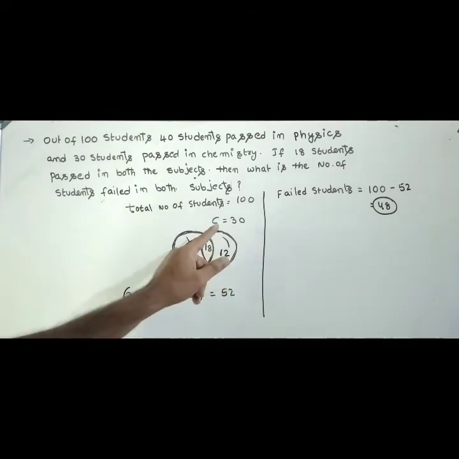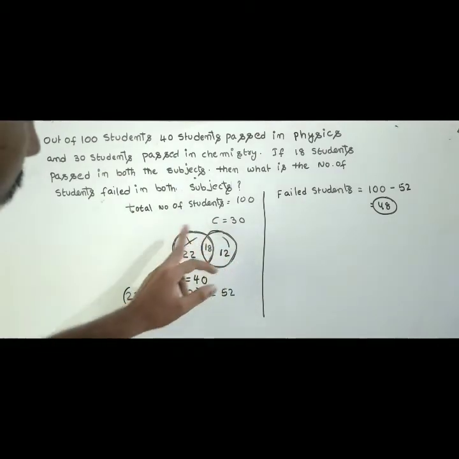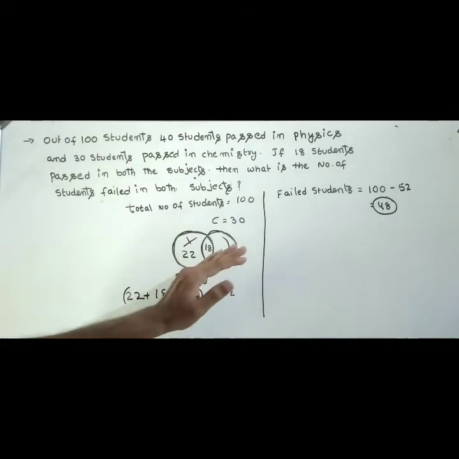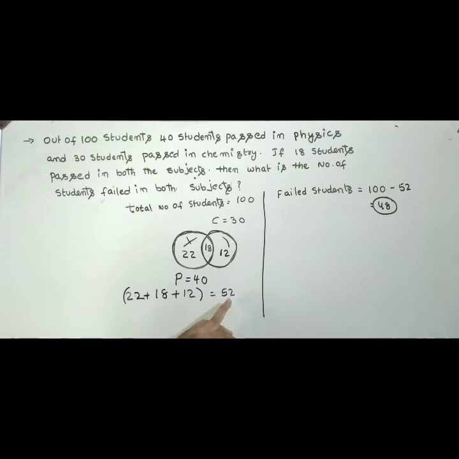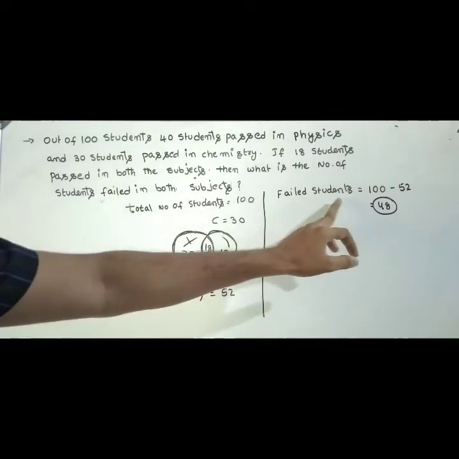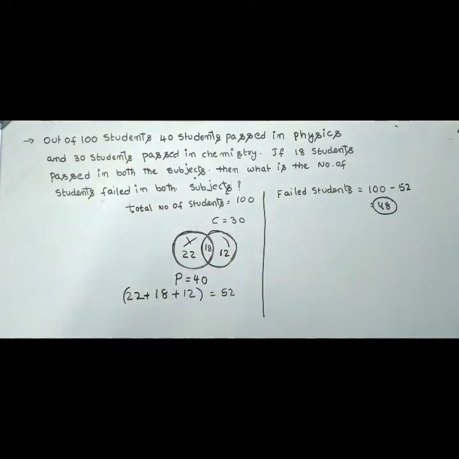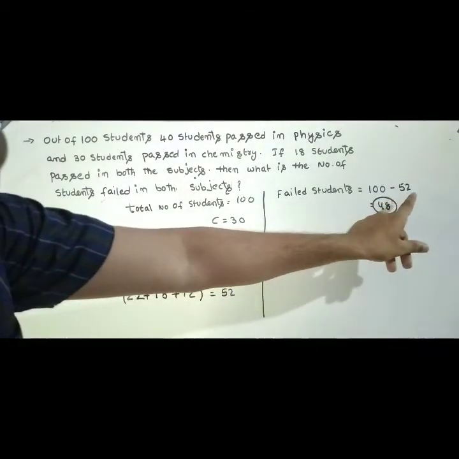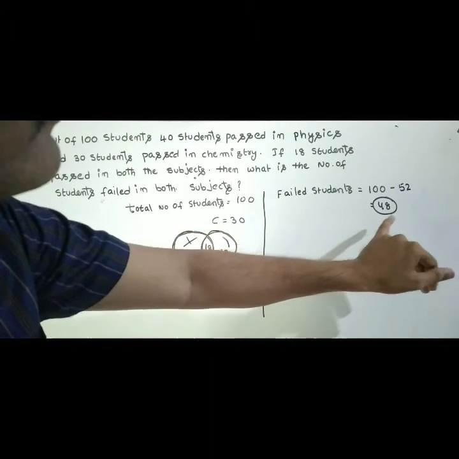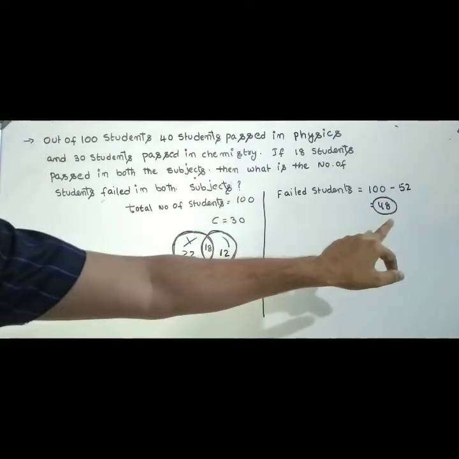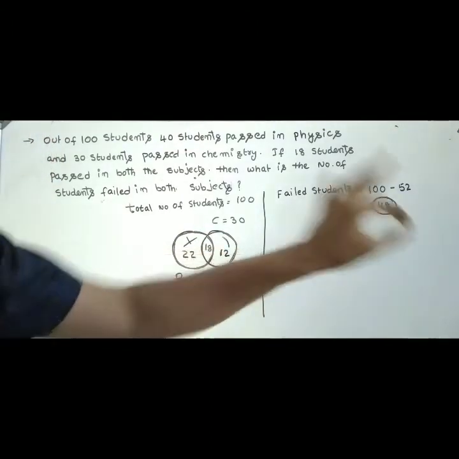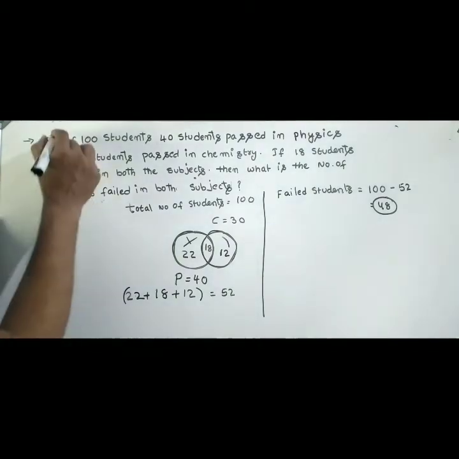Here 12 passed only in chemistry. So these are the total number of the students passed. 22 plus 18 plus 12 equal to 52. This is the total number of the students passed. So failed students equal to total number of the students minus total number of the students passed. So 48. So 48 are the students failed in the class.